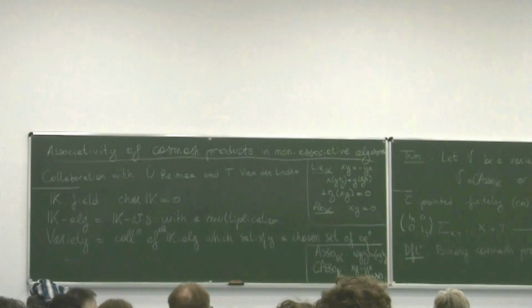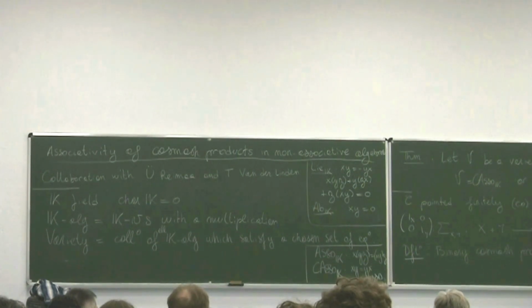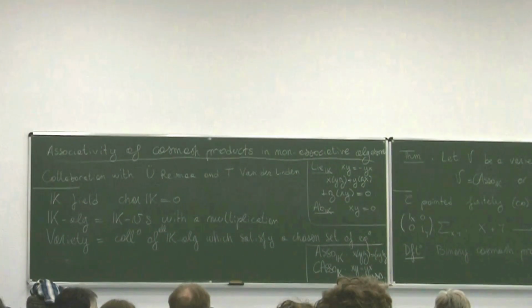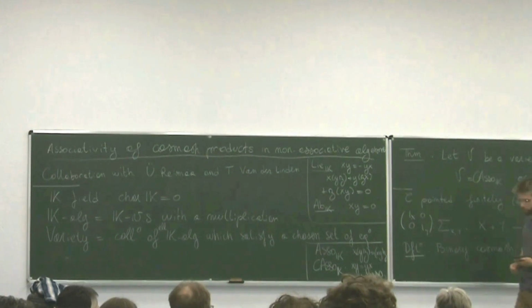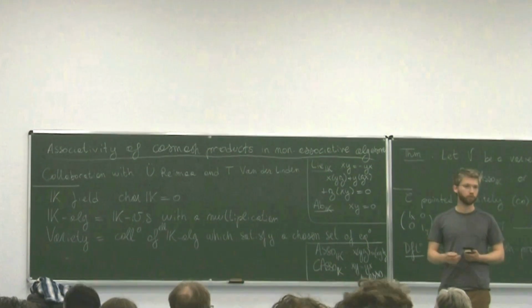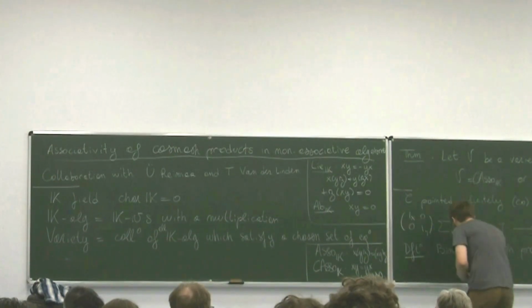I wanted to say, in semi-abelian categories, this map is a strong epimorphism. So looking at the co-kernel is not really interesting. Okay, so what I want you to have in mind is that this binary Cosmash product goes in the direction of commutator theory. Why?